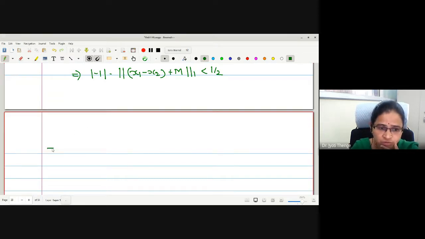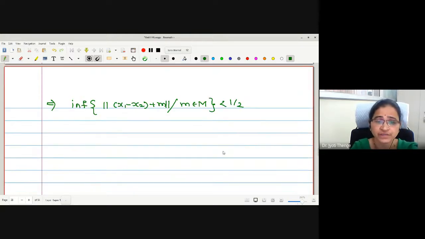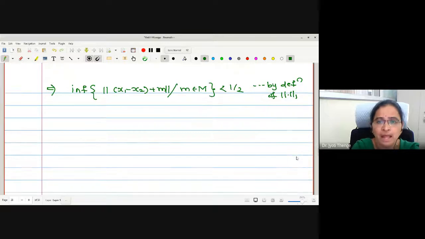What is the definition? This is norm 1, no doubt. Let me write the definition: the infimum over m in M of the norm of x1 minus x2 plus m, and we wanted to show that this is less than half. This is the definition of norm 1 I have used. Correct? The infimum value is less than half, we know.